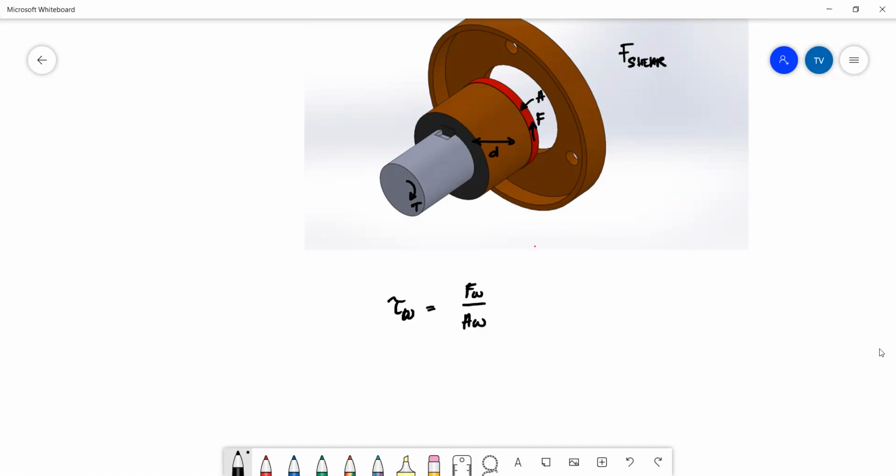Okay, it's a curved surface. So what do we do with curved surfaces when we're trying to find the area? We try and make it just a rectangle. We need to find this thickness. This is the flange thickness or the web thickness.